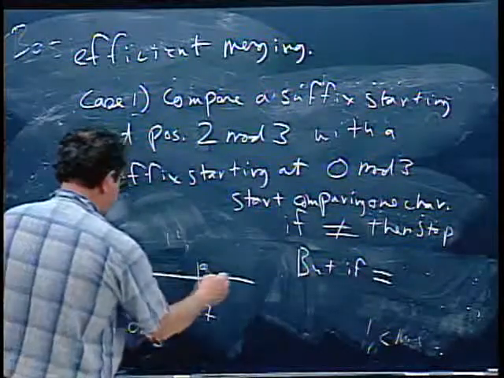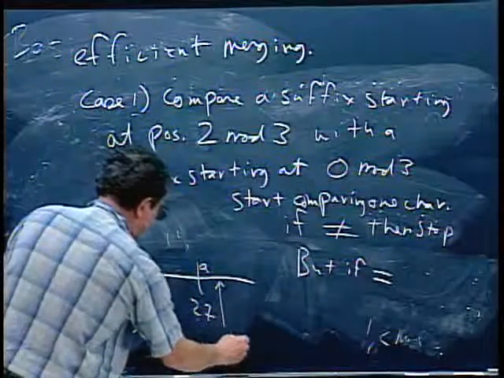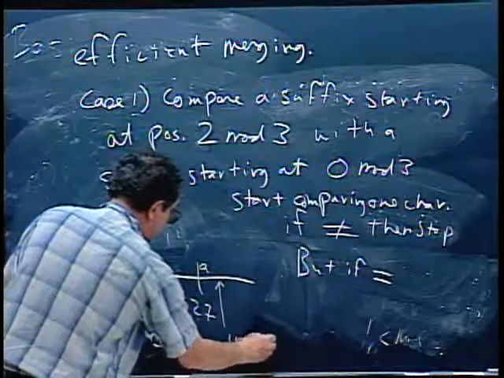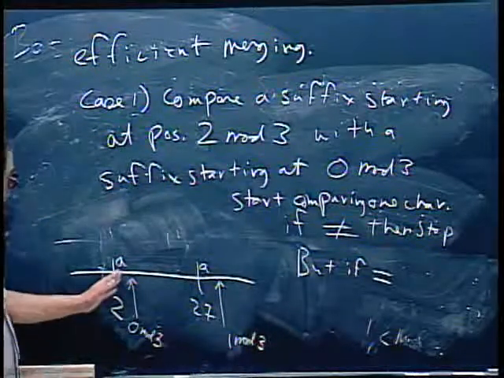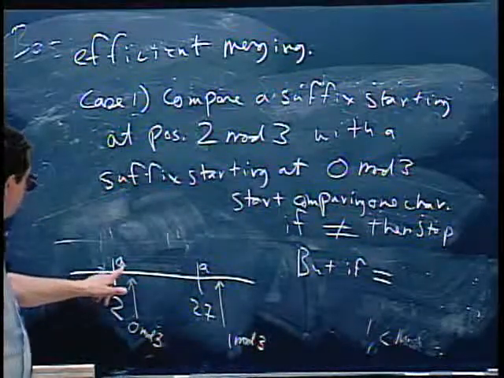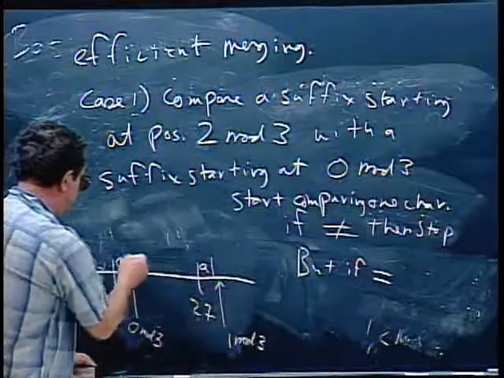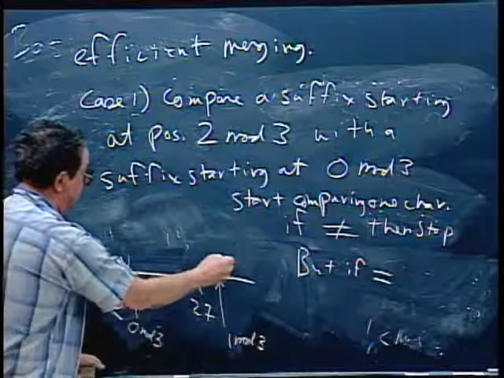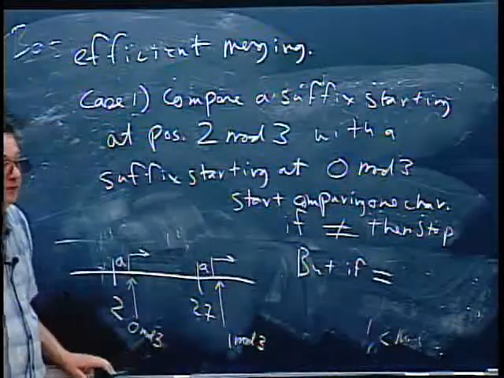And the next position over here, this was a 0 mod 3, so this is a 1 mod 3. Okay? So now the first two characters we looked at are equal, and we want to know from the next position over which of these two substrings is lexicographically smallest.